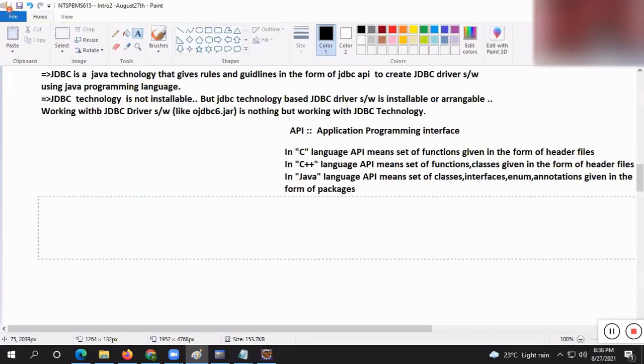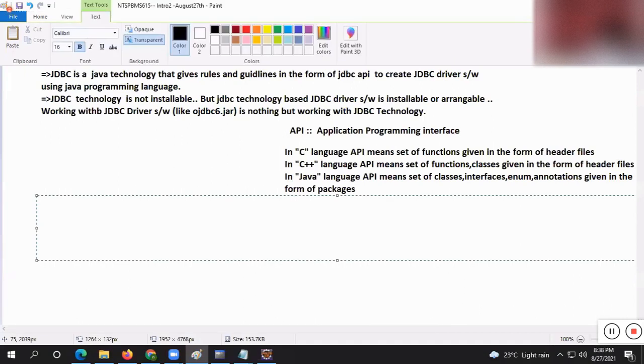Up to Java 7, guys, the technology API packages: package interfaces represent rules.